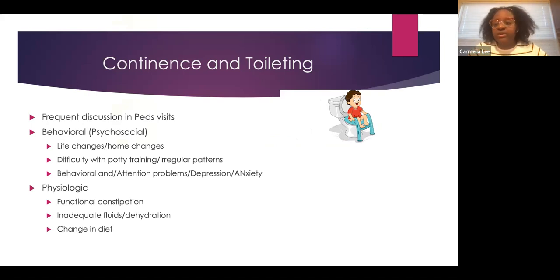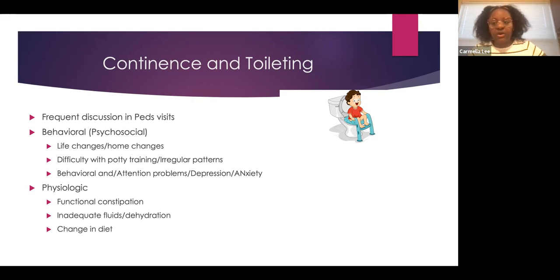A lot of times referrals are made to the urologist for different urinary issues, and it all still comes down to constipation. So you want to always discuss toileting, especially in the younger children, if they're not progressing with toilet training as they should. One part of it we worry about is the behavioral aspect of it.